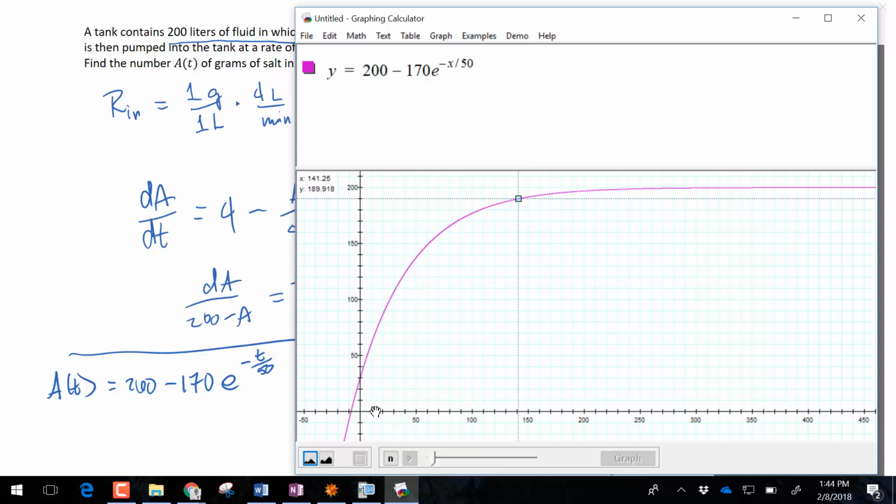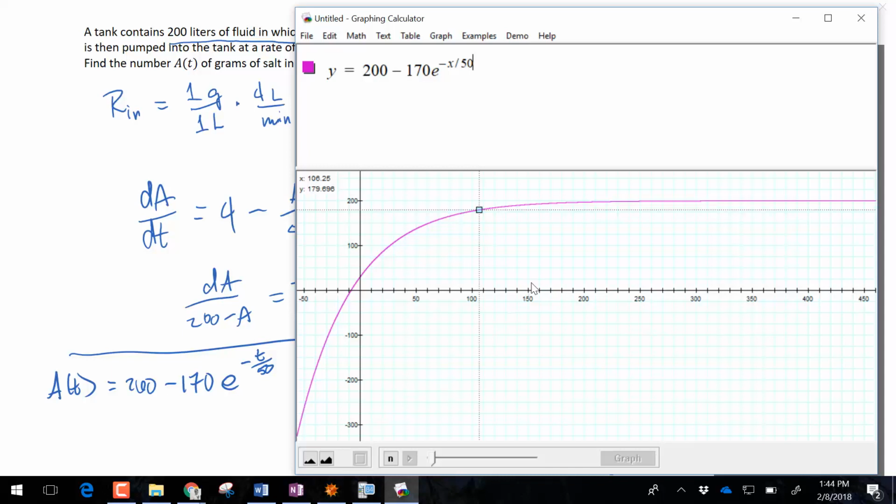So this could potentially have close to almost full concentration of salt, 200 grams of salt. Yeah, not that bad. All right, that's interesting.